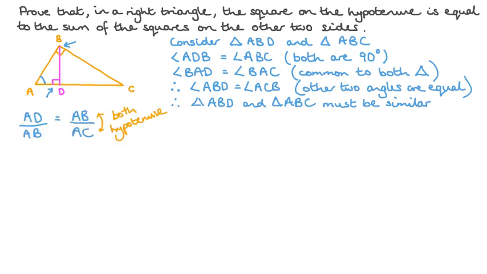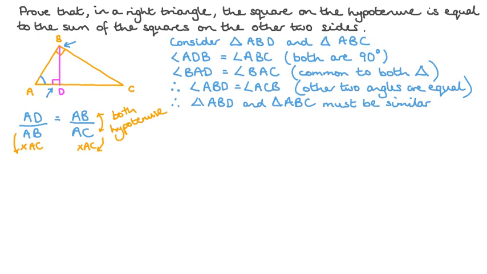Now, because our triangles are similar, the corresponding sides must be proportional. So what we can say is that AD over AB is equal to AB over AC. That's because AB and AC are both of our hypotenuses, and then we can see that AD and AB therefore must also be corresponding.